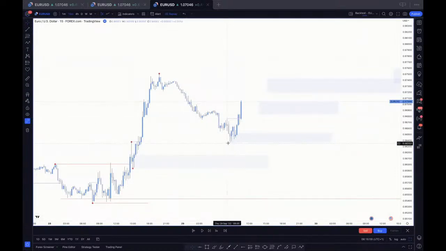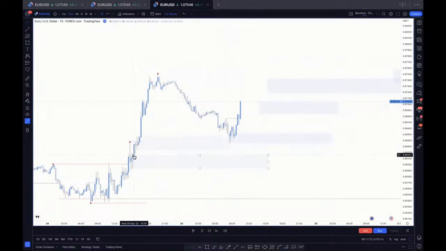But now we can also draw to see which range this market is reacting to. To do that, we're just going to take the rectangle tool, and then from here, we can actually draw this zone here. You can see that this reacted to this.